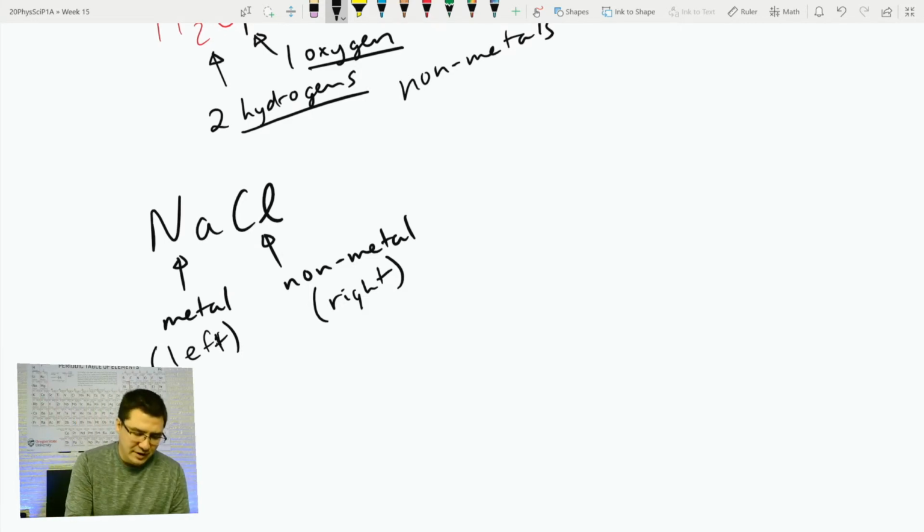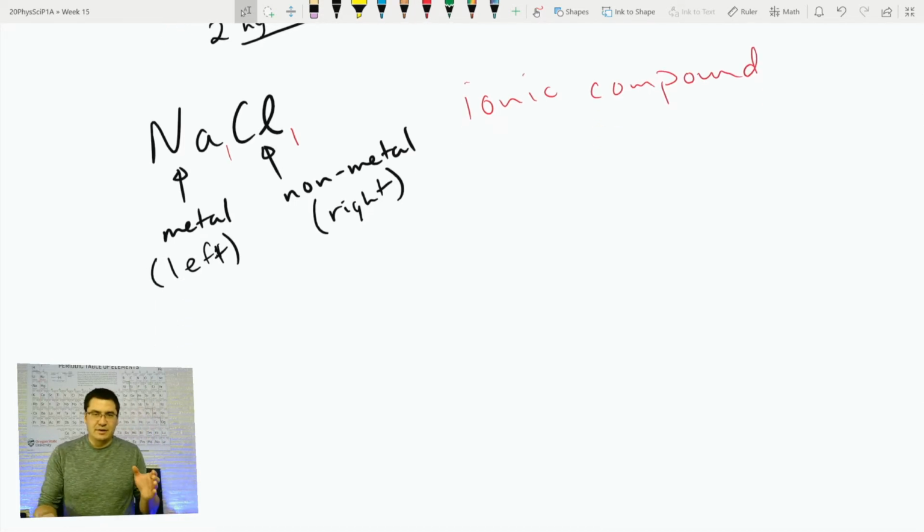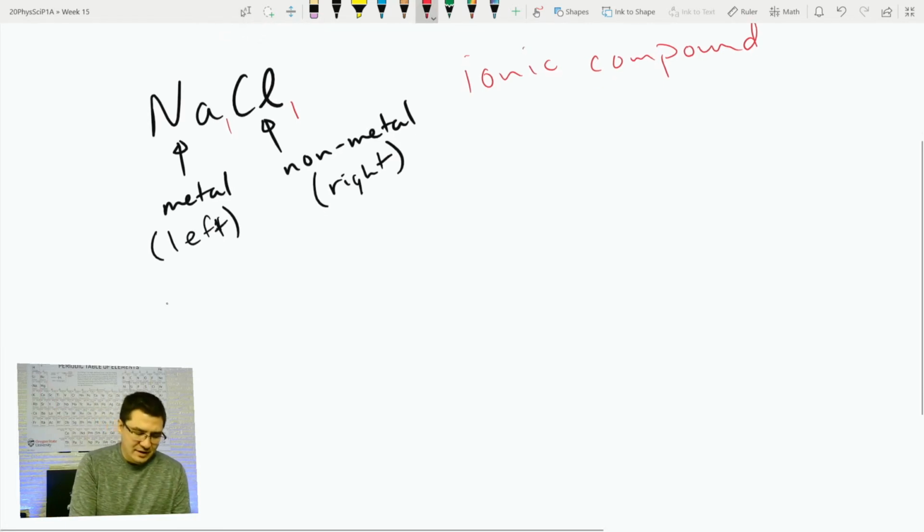Now, sodium and chlorine combine in a 1-to-1 ratio, and we call this an ionic compound. That comes from the fact that sodium and chlorine will either gain or lose electrons. Metals like to lose electrons. Nonmetals like to gain electrons.